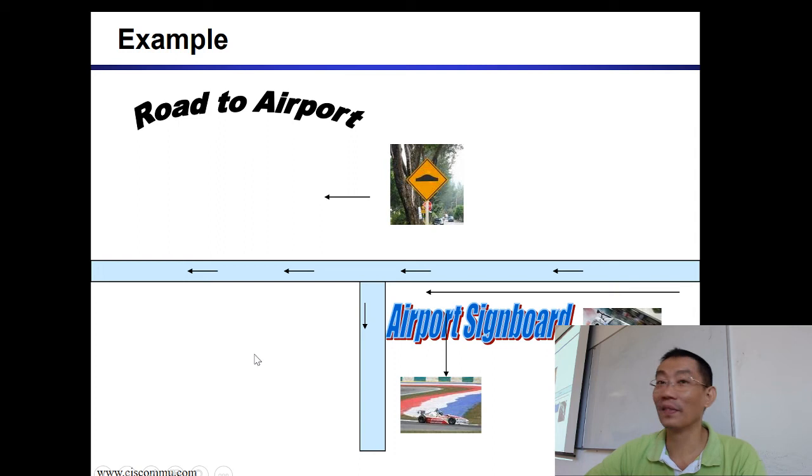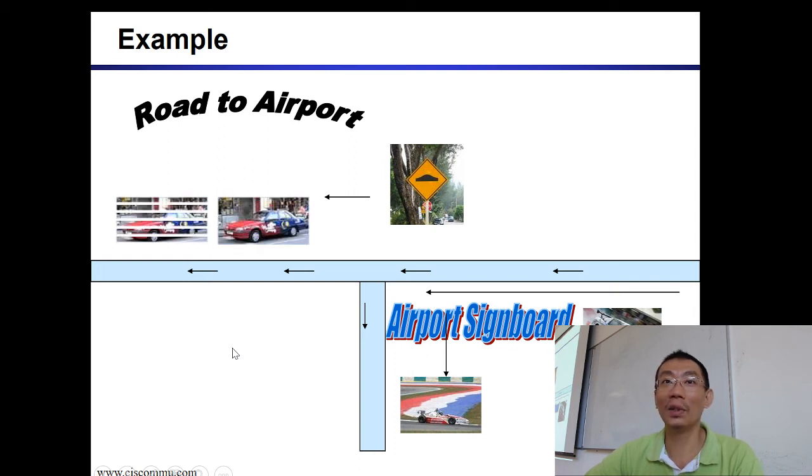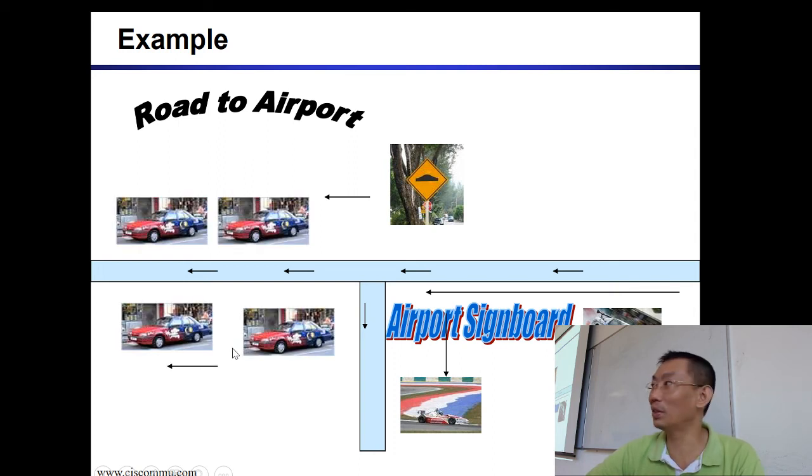But you see all the airport taxis go this way. What's wrong with that? Here there is a signboard, here no signboard. Cheaper, is it?